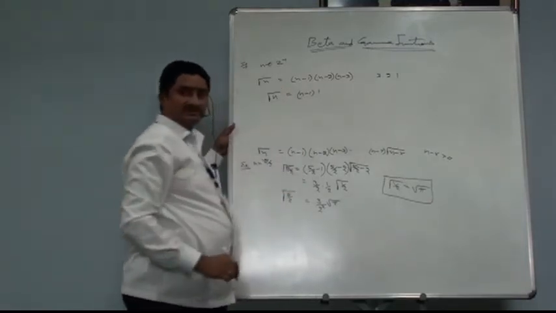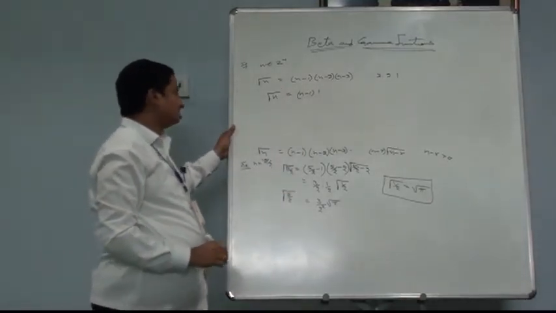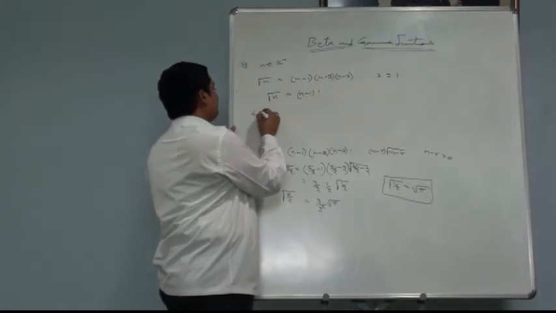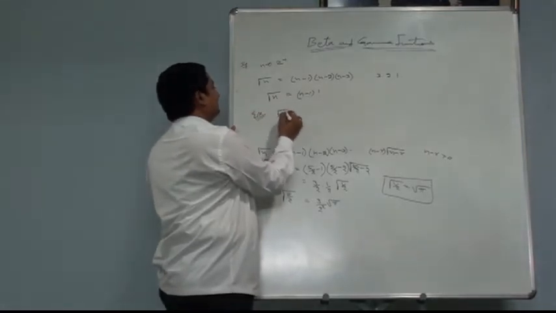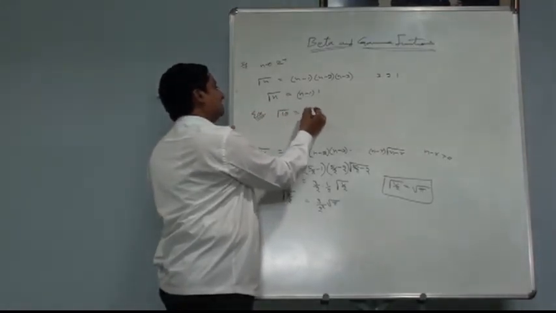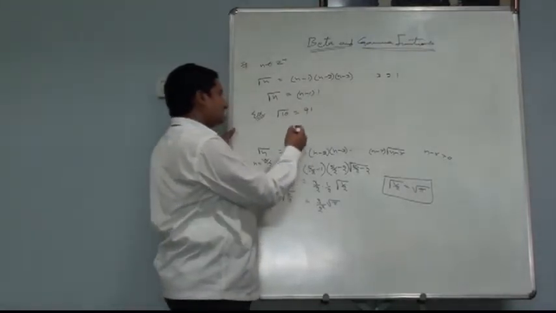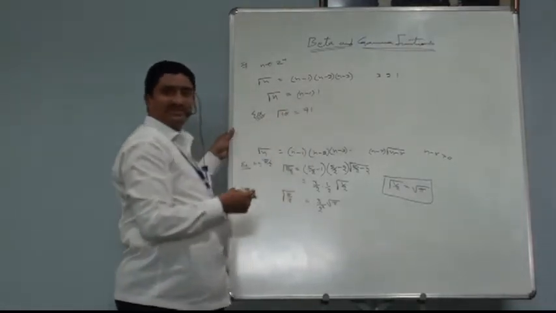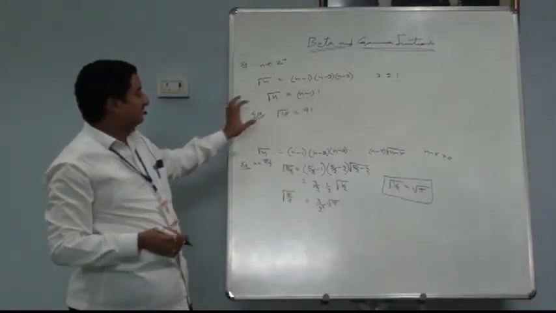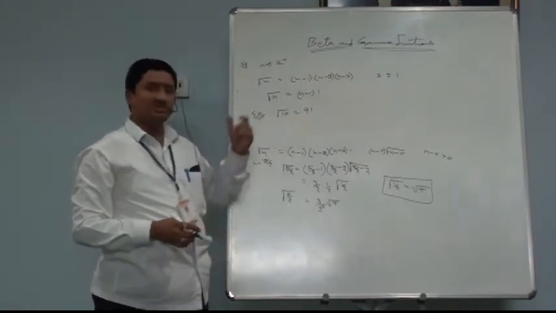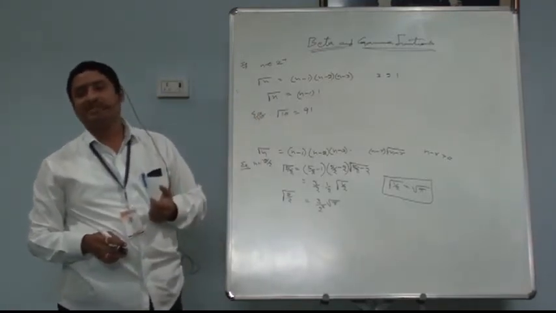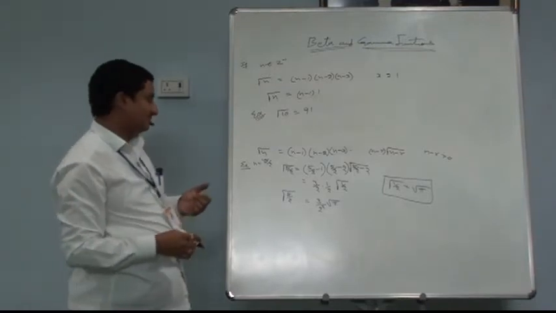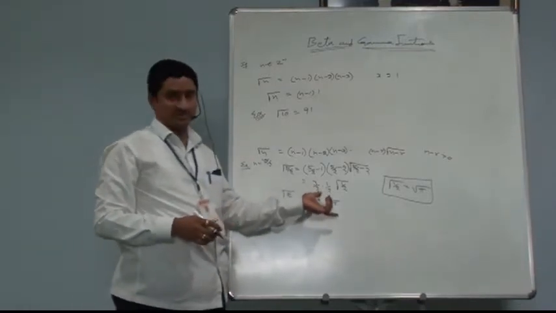Gamma n is equal to (n minus 1) factorial. Now if we want to find the value of gamma 10, this is nothing but (10 minus 1) factorial, or 9 factorial. Like this, we have developed a relation between the gamma function and the factorial. This is possible only for n being a positive integer. If you take a fraction, this is not possible.